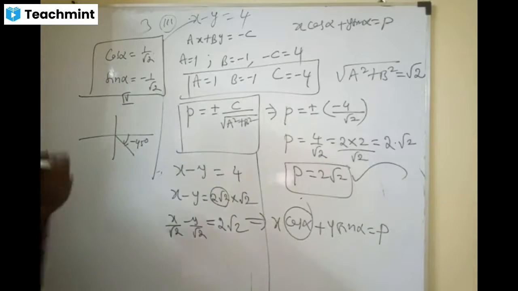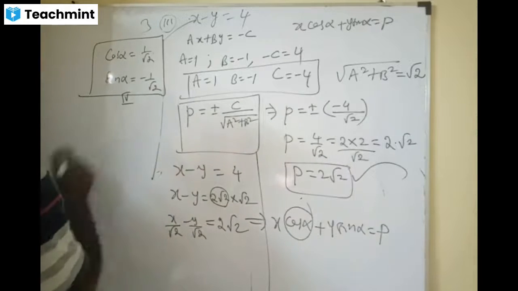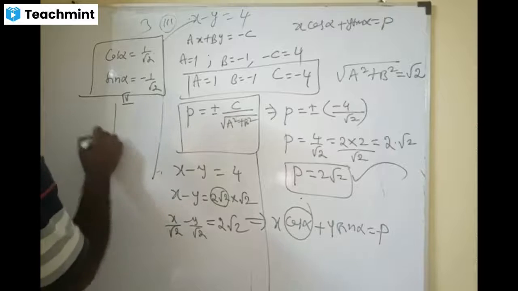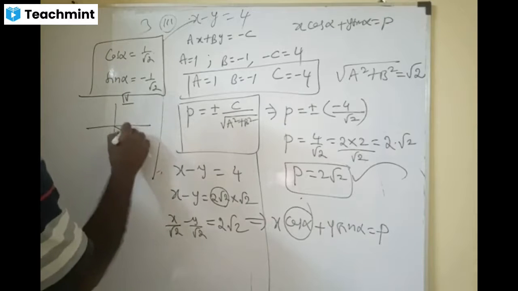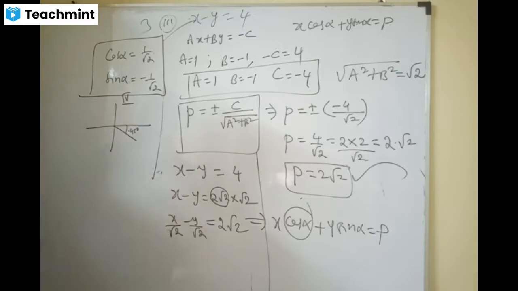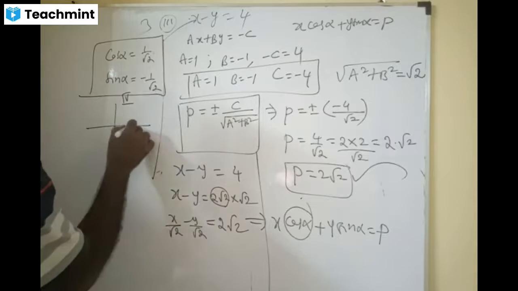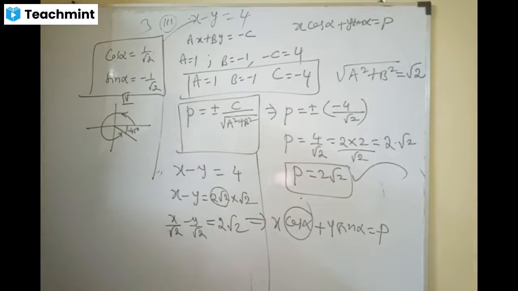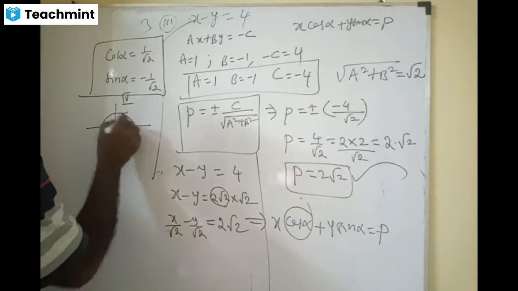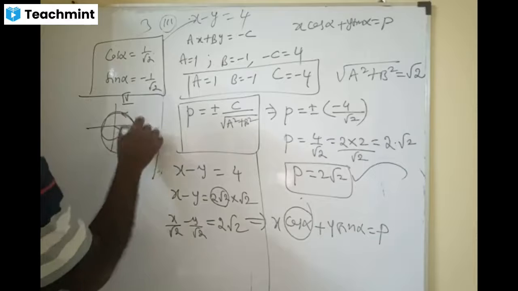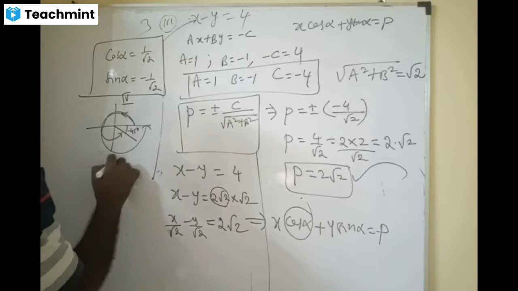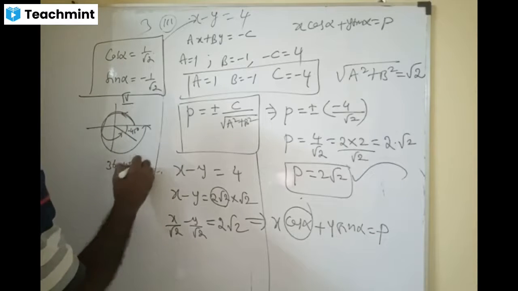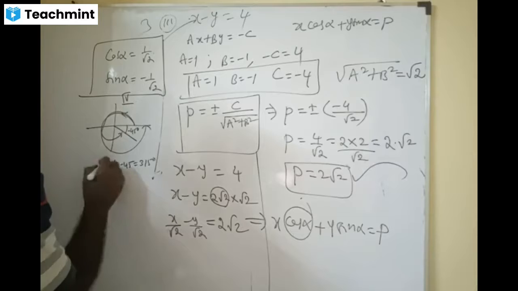Sir, a negative angle, you could answer two ways. One is this negative angle, minus 45. Otherwise, I will only measure in the anti-clockwise direction, starting from 2 pi. 360 minus 45, that is 315 degrees.